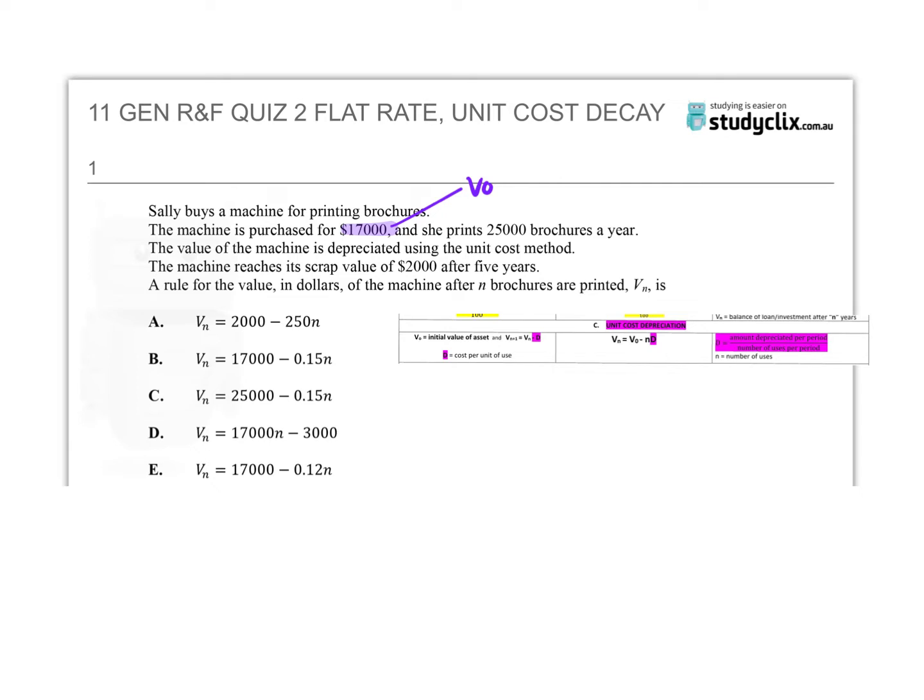The value of the machine is depreciated using the unit cost method. So they're always going to tell you what method you're using. So here I know the unit cost. So I've gone to my formula sheet and I've found the unit cost formulas.